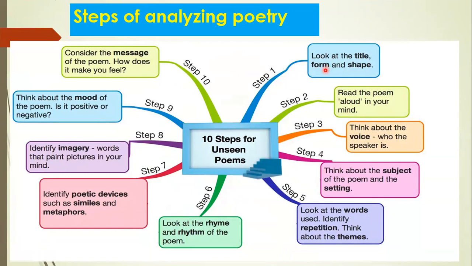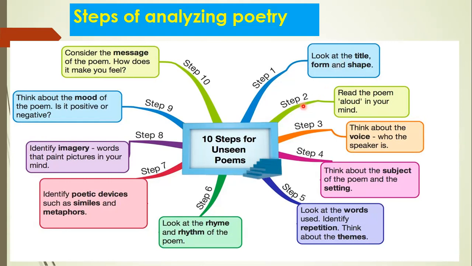Is it a sonnet, an epic, a ballad, a mock epic? So what kind of form is that poem? Then the shape. So, for example, how many stanzas are there in the poem? This is the first step.